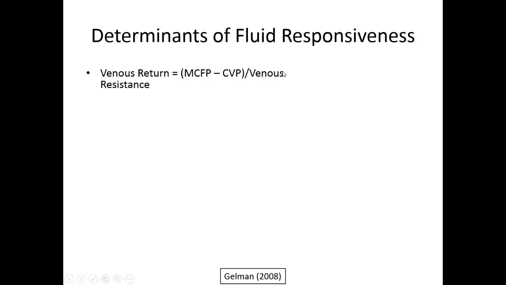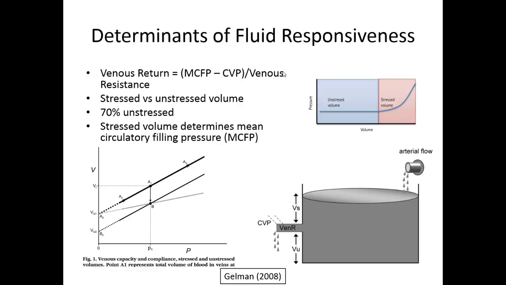It makes sense. The CVP is essentially the pressure in the right atrium, which is the pressure that returning blood pushes against. So this is kind of confusing, and to understand it, you've got to understand this stressed versus unstressed venous volume. The gist of it is, veins are really distensible. They're highly compliant.